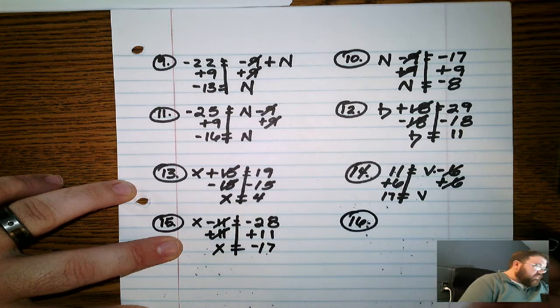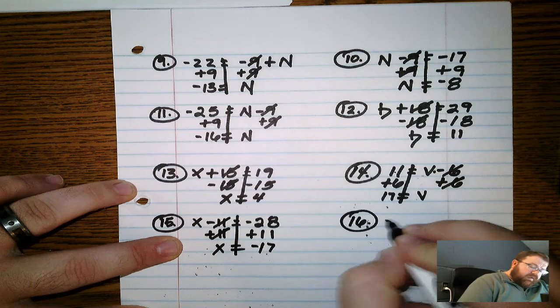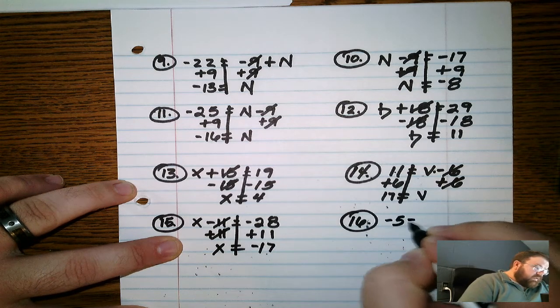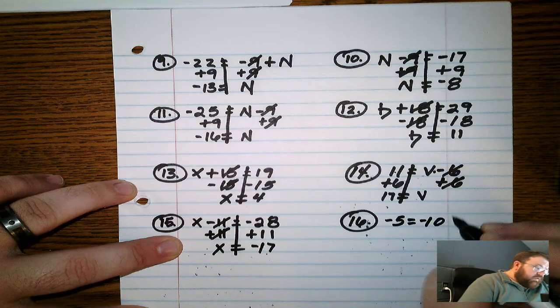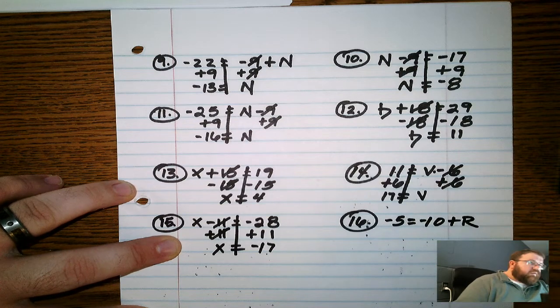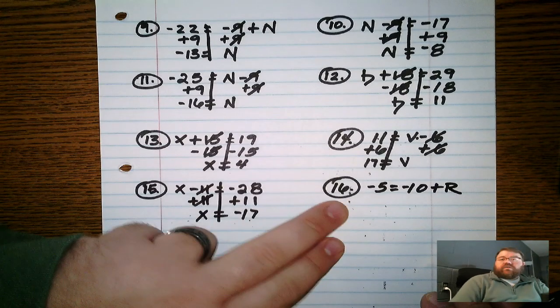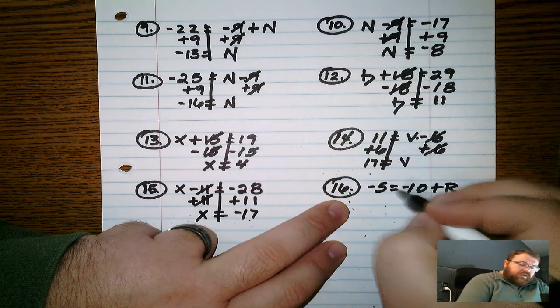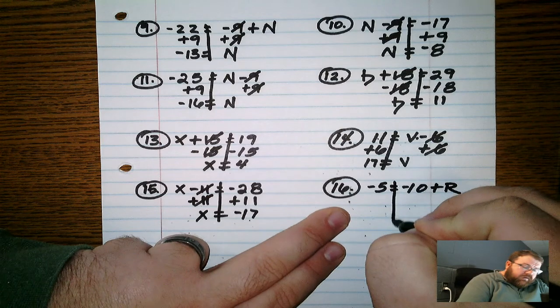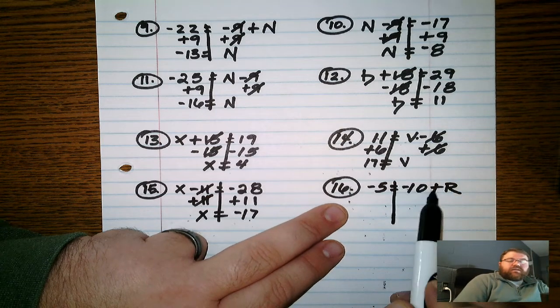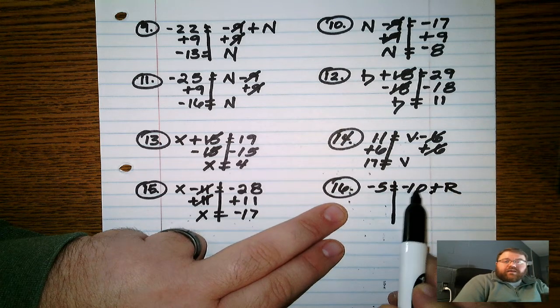Number 16 is negative 5 equals negative 10 plus r. For this question, let me go ahead and draw my line. The negative 10 is adding, but it's a negative 10.